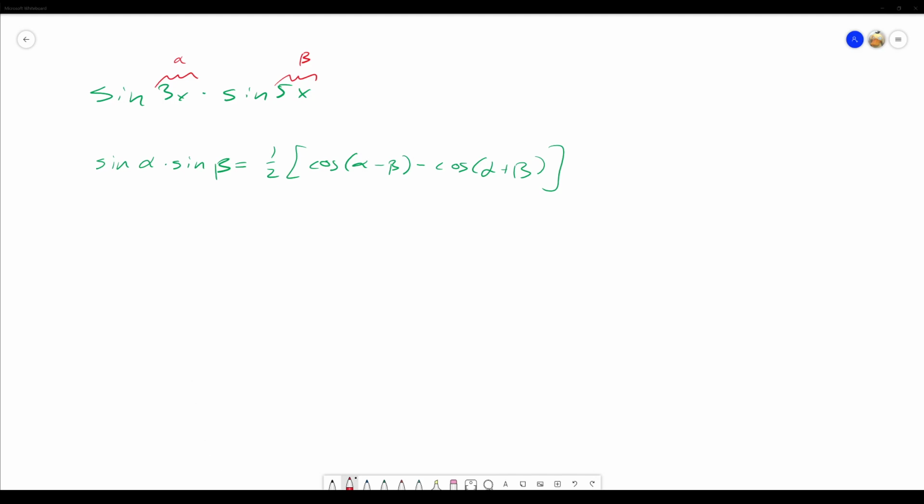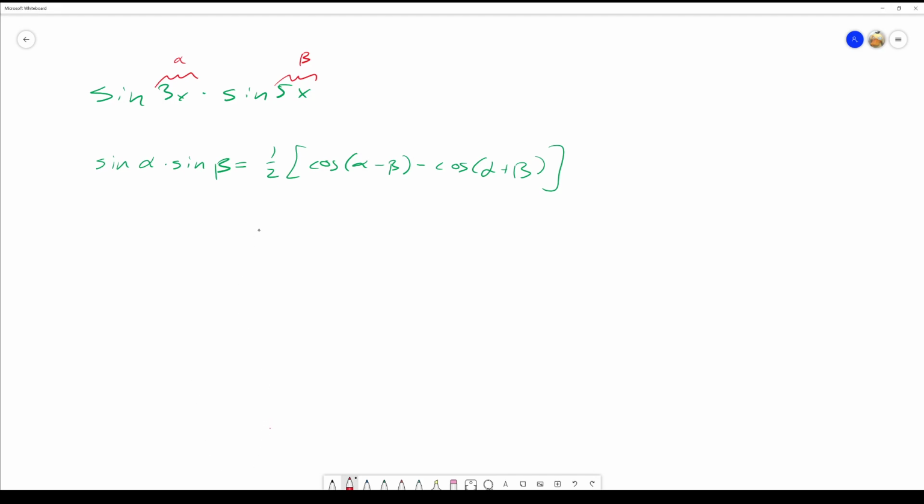So let's see. All right. Then what you get is 1/2 of the cosine of 3x minus 5x minus the cosine of 3x plus 5x, which is 1/2 of the cosine of negative 2x minus the cosine of 8x.